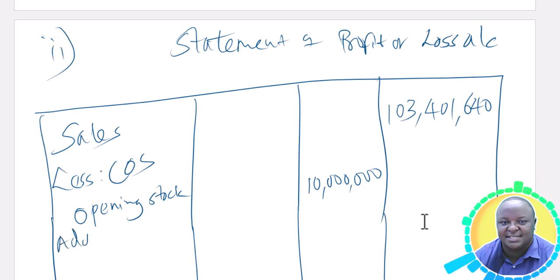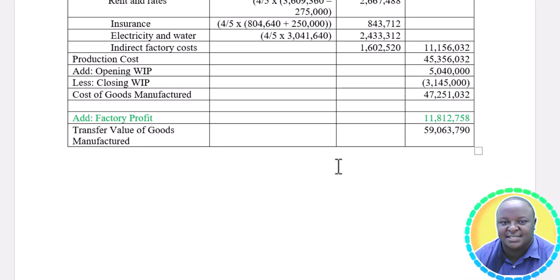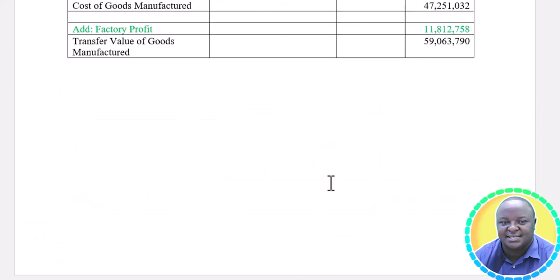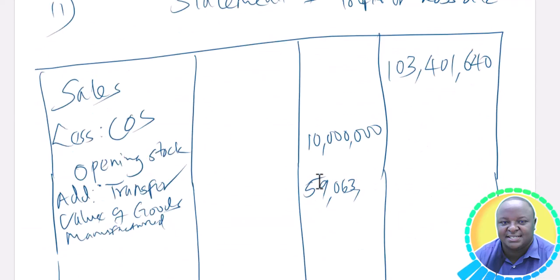Then we shall add purchase, transfer the figure that we got there, the transfer value of goods manufactured, that is 63,000 and 790.